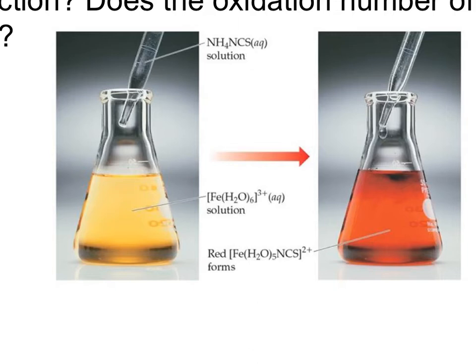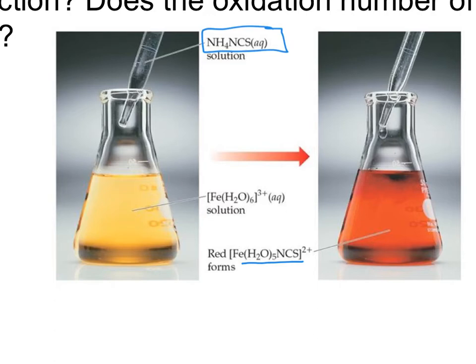And what happens is this ammonium thiocyanate complex is added, an aqueous solution of that, in a relatively small amount. What happens then is one of the water molecules in the coordination sphere is replaced by a thiocyanate ion, and we end up with a red solution.